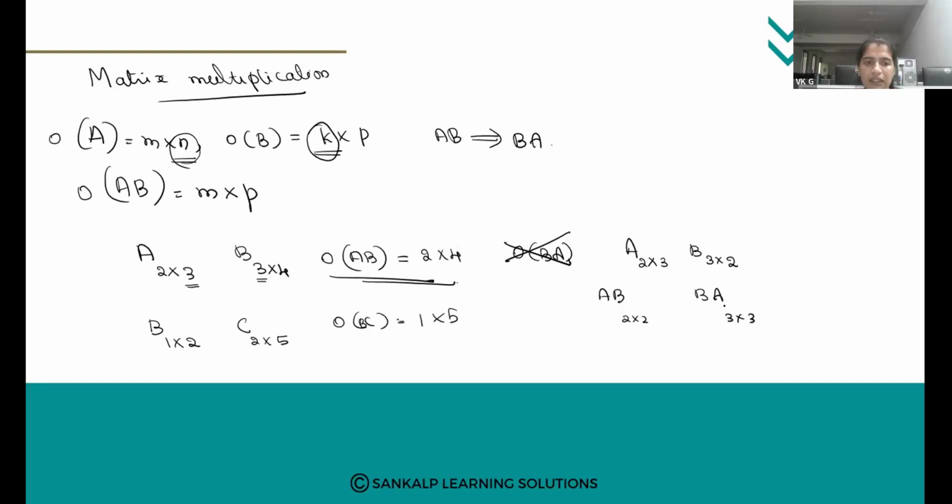Clear? Now, how do we identify the elements? A11, A12, A13, A21, A22, A23, order 2 by 3. For B, the number of rows should be 3.